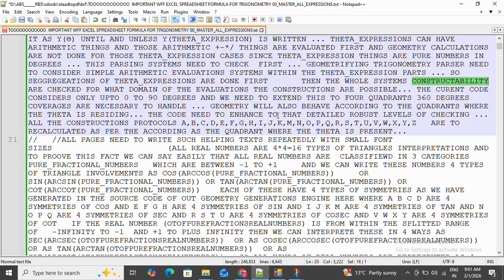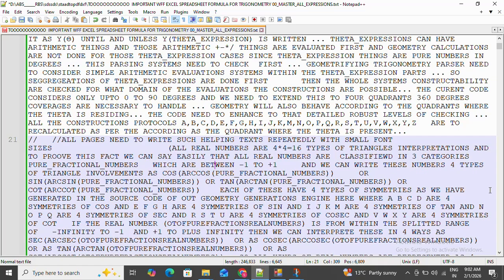The first category is the pure fractional numbers, which are between -1 and +1, and we can write these numbers in 4 types of triangle involvements as cos, sine, tan or cot.